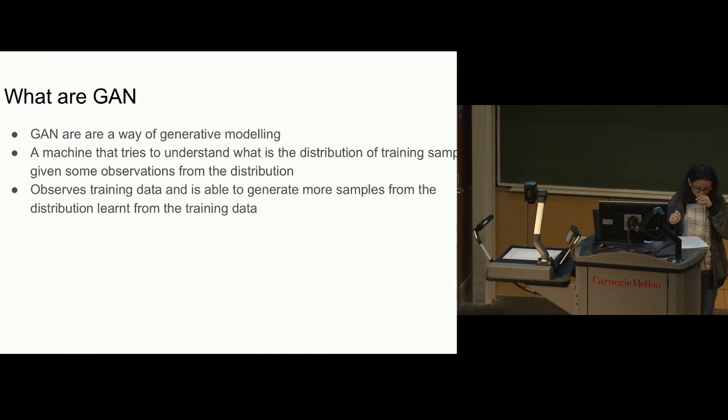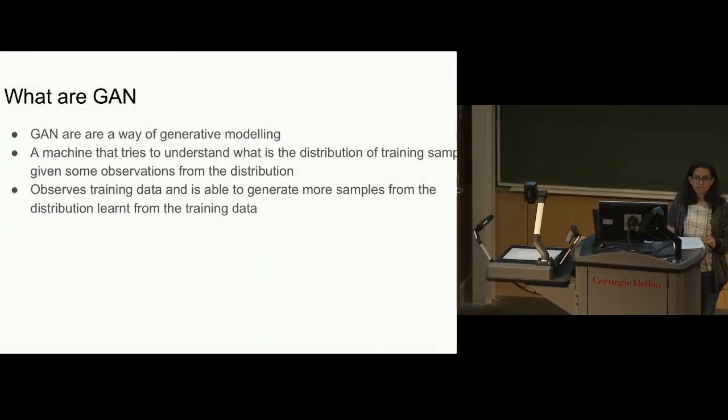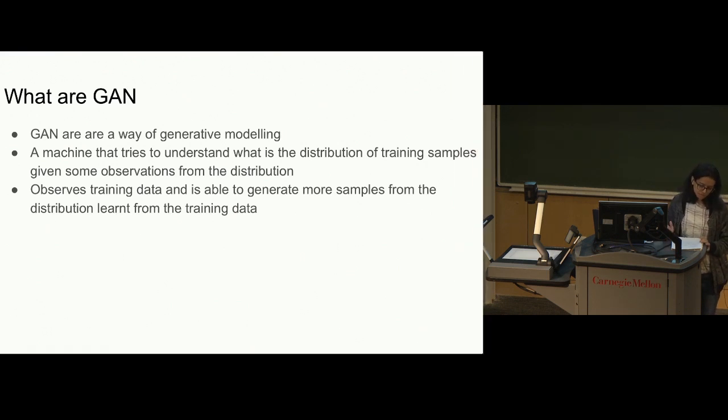So the first basic idea is generative modeling. Generative modeling in general is that if you give a bunch of training examples, you want to estimate the distribution that generated those training samples. And so there are two basic things that you can ask your generative model to do. First is density estimation.